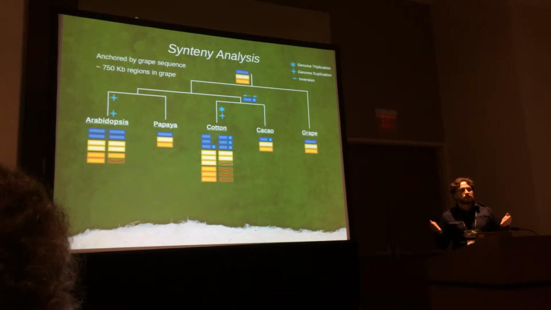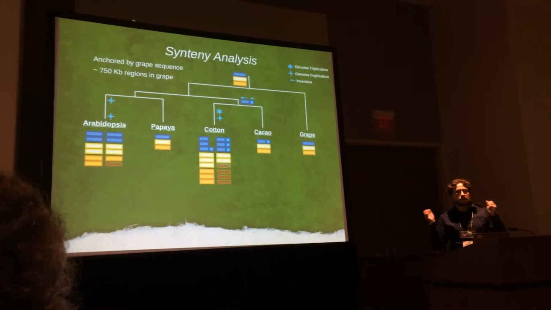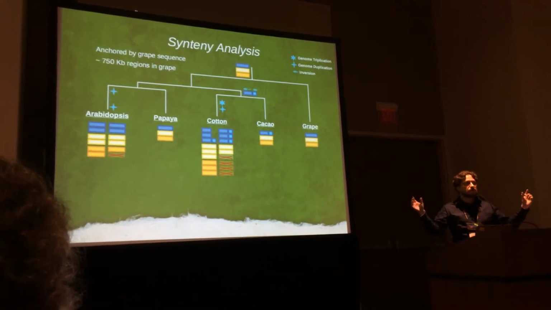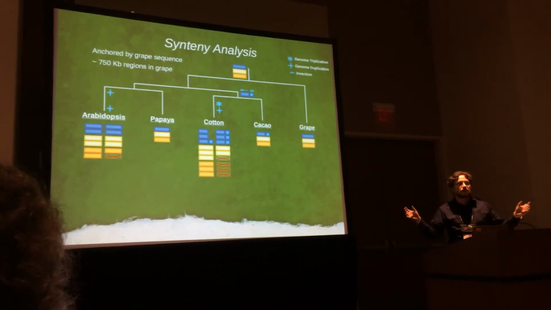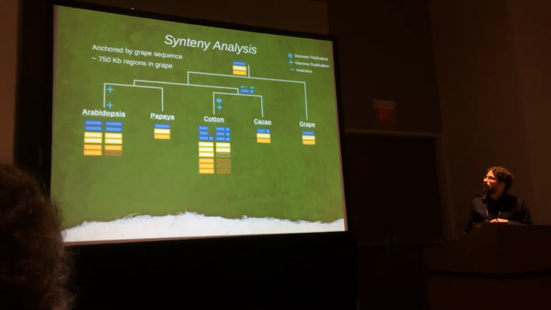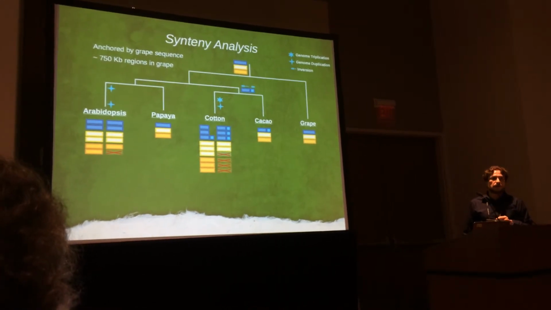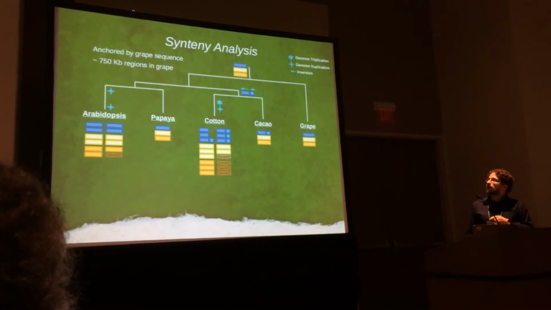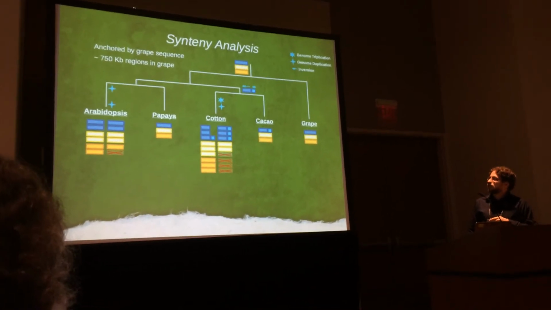And a syntenic region is not the whole region. It's a series of conserved blocks in the same order, basically. So you can have growth or shrinking of the region in the different taxa. And Arabidopsis in particular has reduced its genome size significantly. But generally you find the same region in most places.